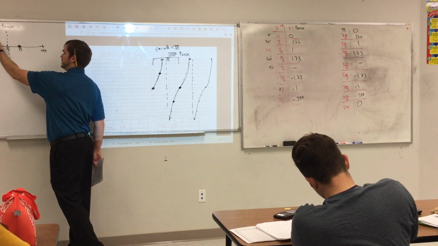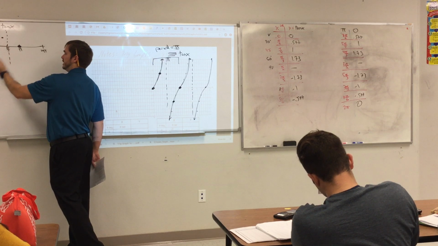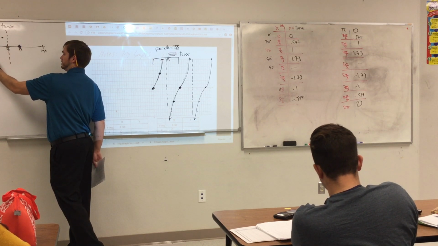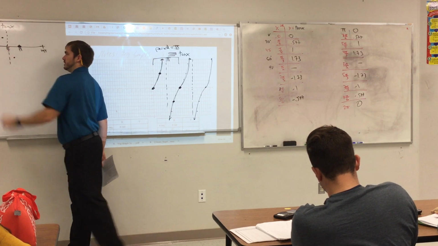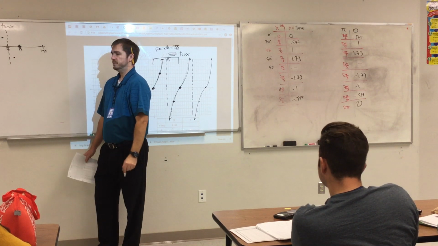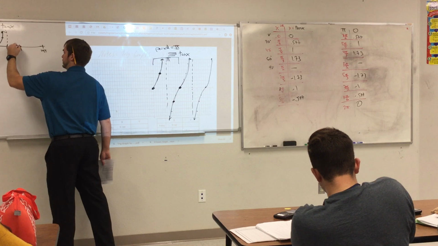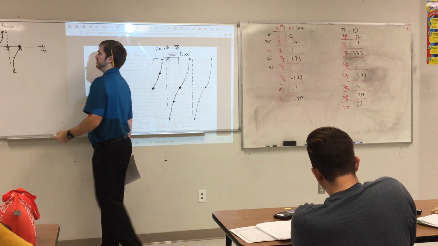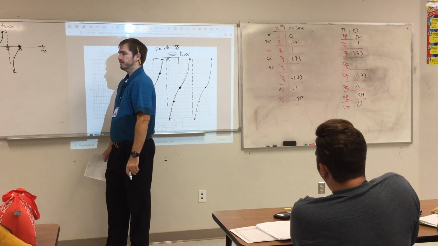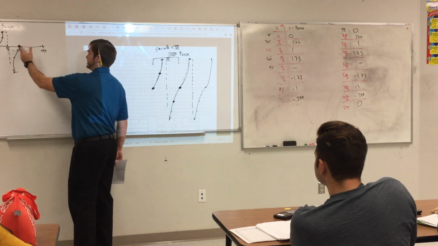In between those two at 1, you put a dot, and in between these two at negative 1, you put a dot. Go up here, we go down here. And then you just repeat that whole process.